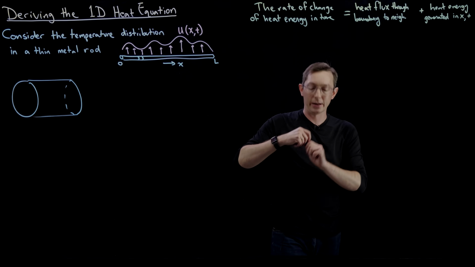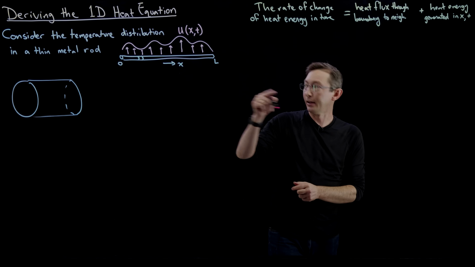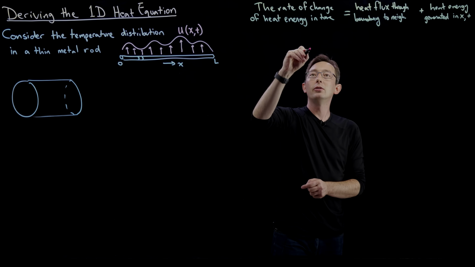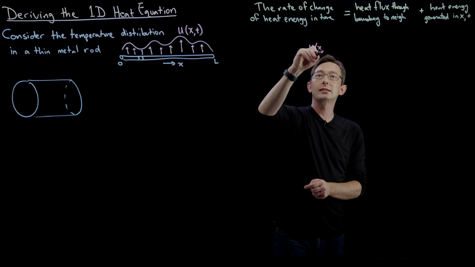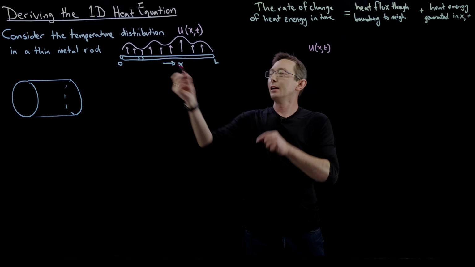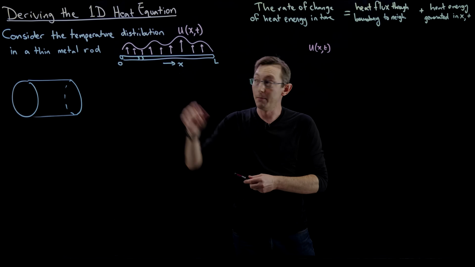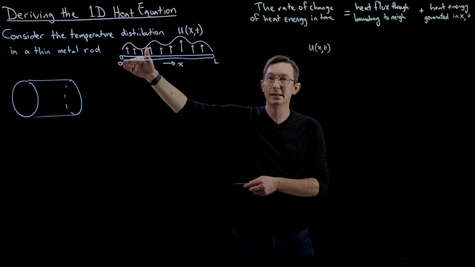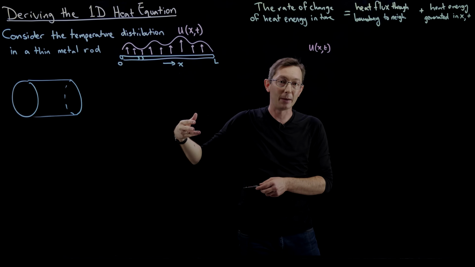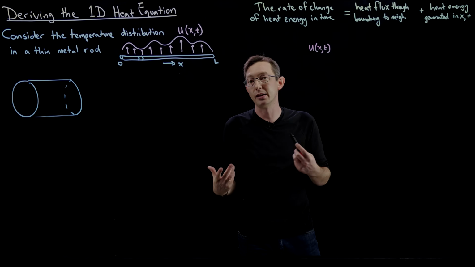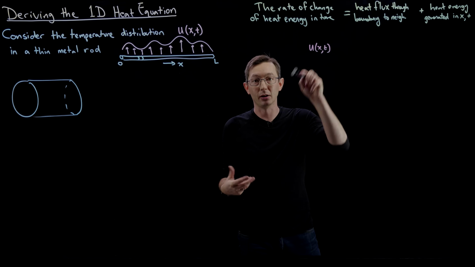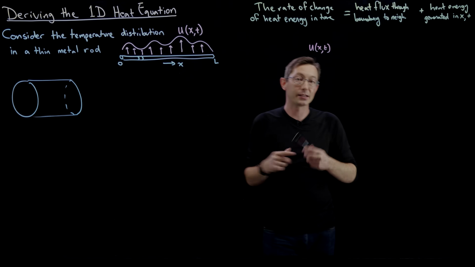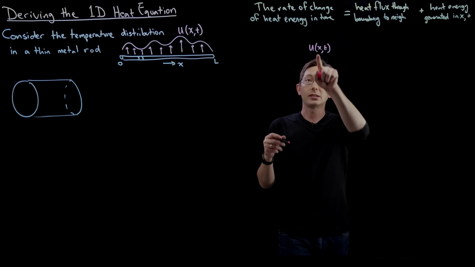So the total heat energy is given by our temperature, u of x and t, but the particular material, let's say this is copper or lead or whatever material this is, has some physical properties that tell me how much heat energy there is at a given temperature and at a given mass or density. So it's not just u of x and t.